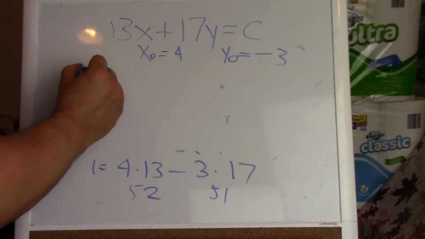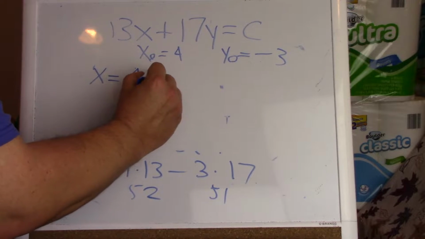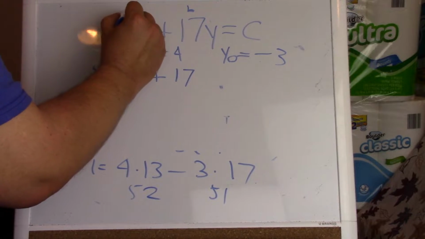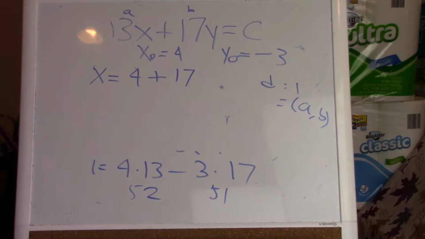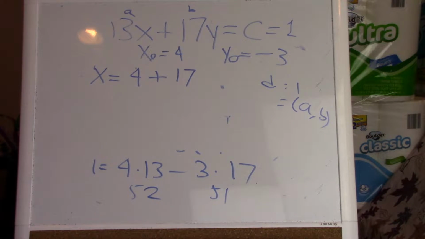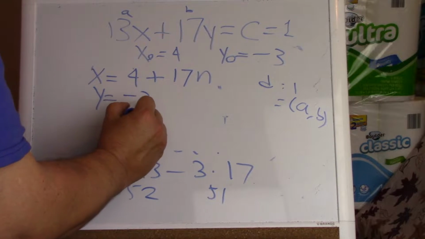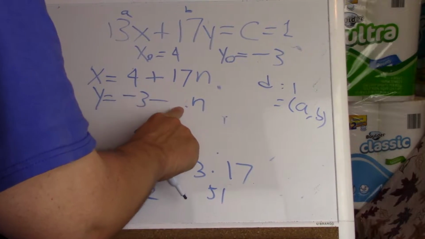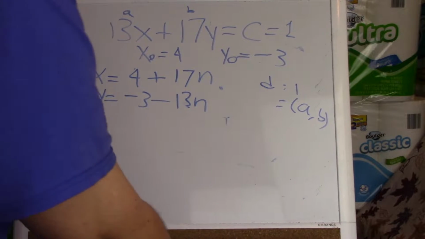So then the equations for x and y are x0 plus b over d, which is 17, and d is equal to 1 because it's the greatest common denominator of a and b. And of course, if we fill in c equals 1, then that's your base equation. And then y is equal to minus 3 minus a, which is 13.